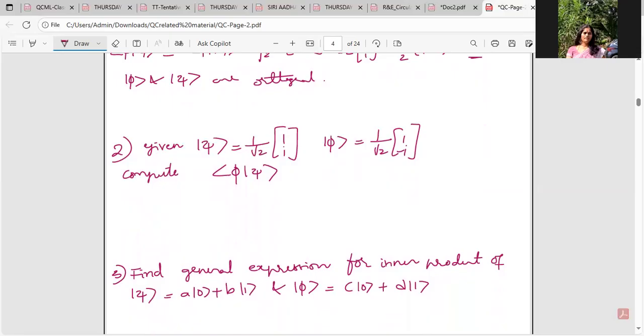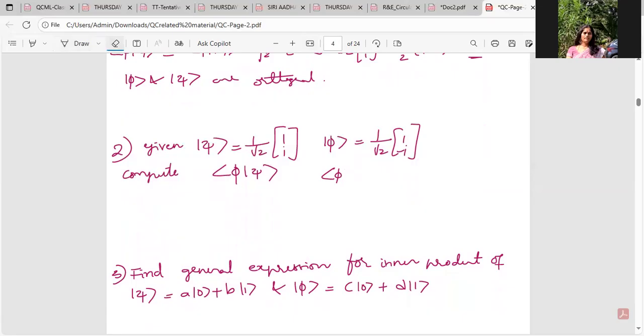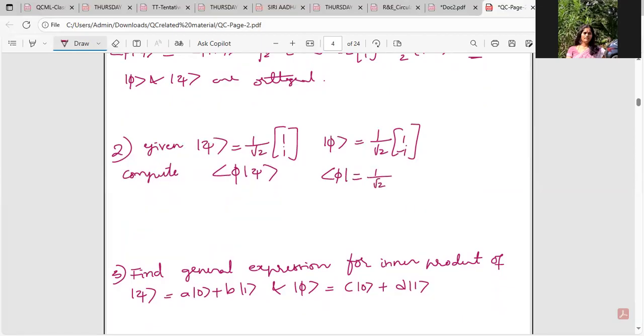Okay, coming to the next question, you are again asked to find the inner product only. The conjugate of ket phi, or the dual of ket phi, would be, see, usually we are not used to writing this notation, so we tend to make errors. Make sure such errors are not repeated. The dual of ket phi would be 1 by root 2 times (1, I).